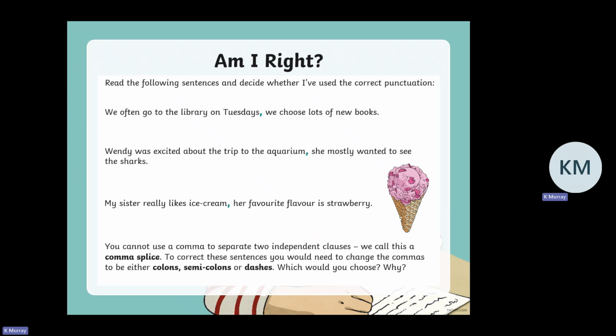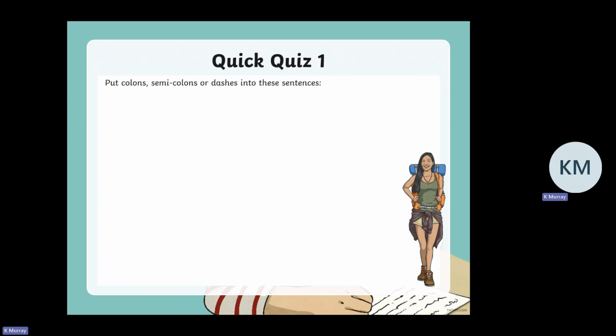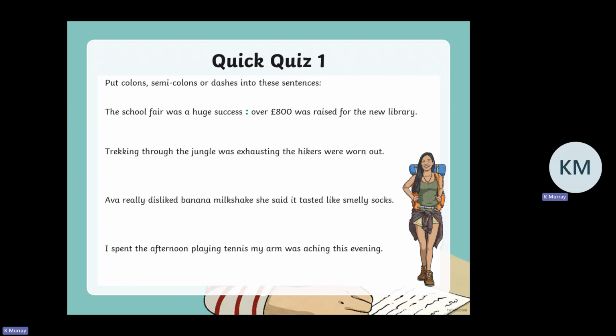We often go to the library on Tuesdays. We choose lots of new books, but we need something stronger than the comma. The comma does not work in that sentence. We can't have a comma separating two sentences that make sense in their own right. Comma splicing.